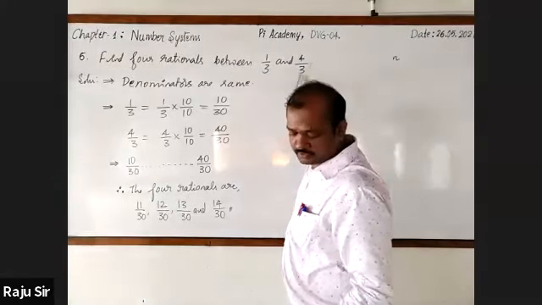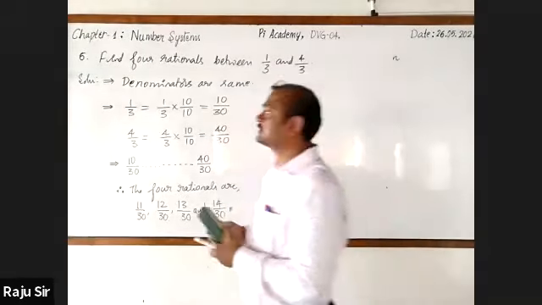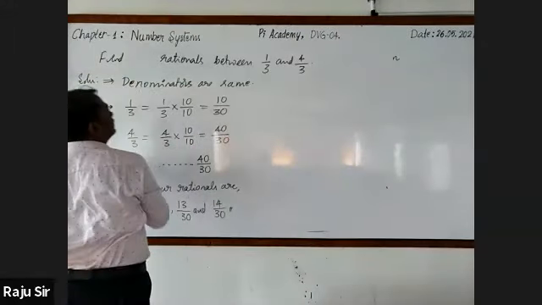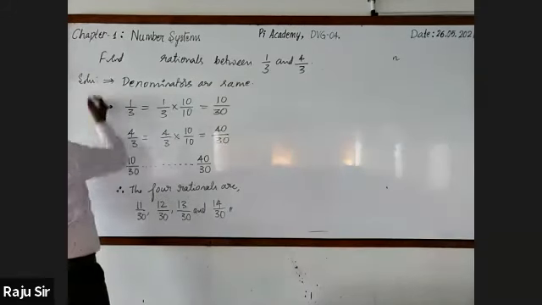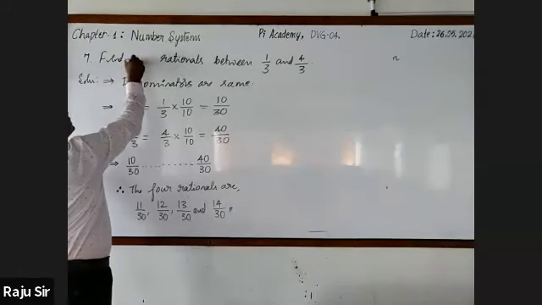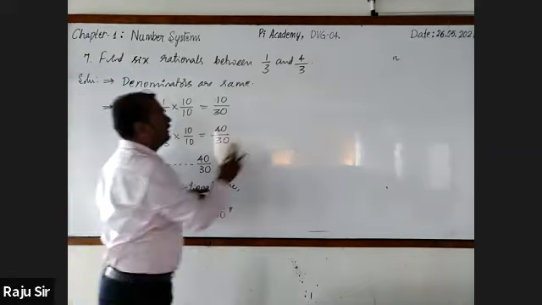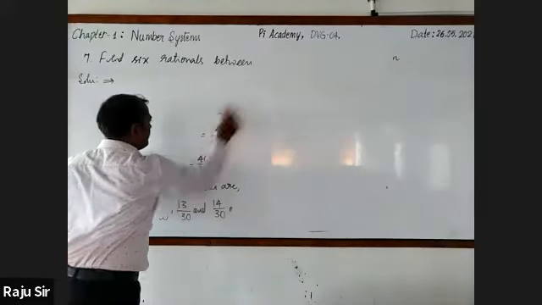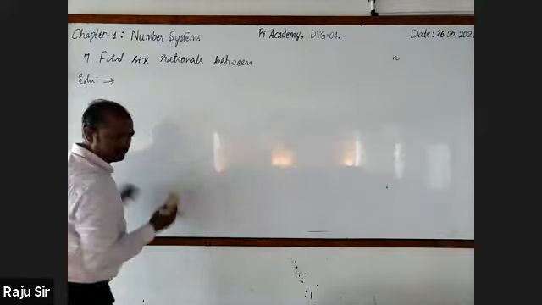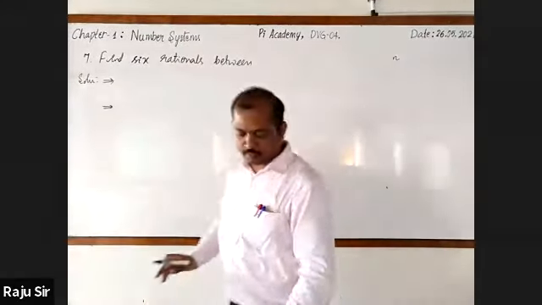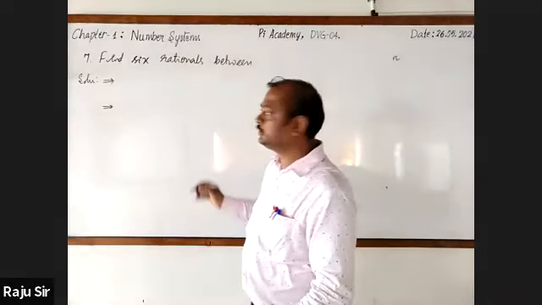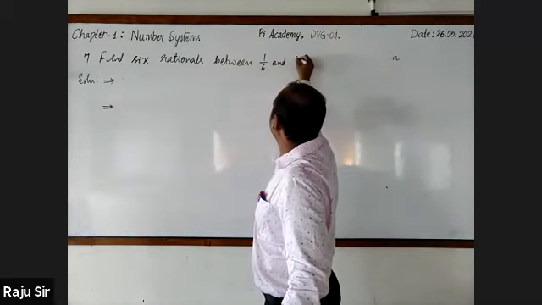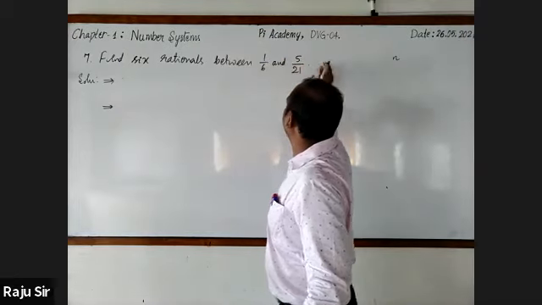Write down: find 6 rationals between 1 by 6 and 5 by 21. Between 1 by 6 and 5 by 21.